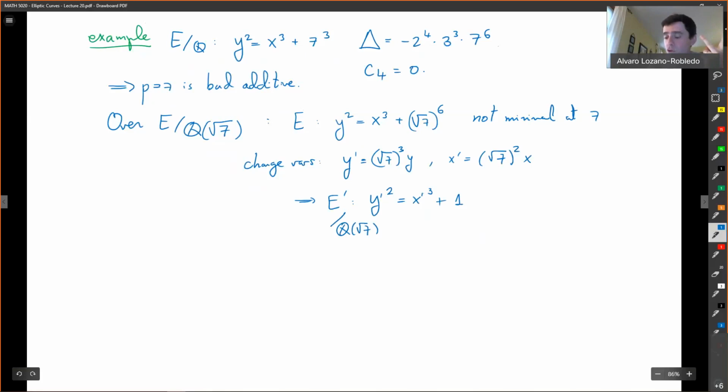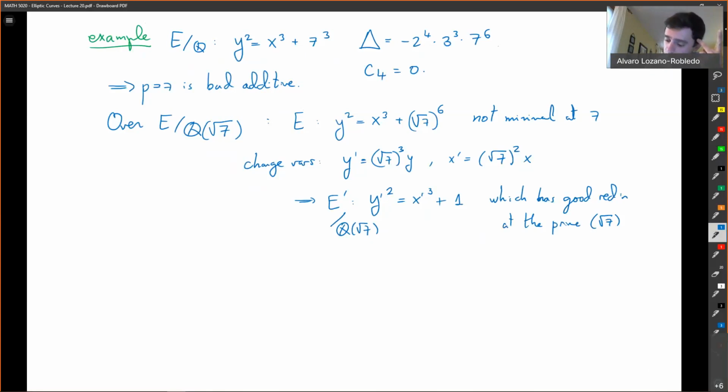And now this has good reduction at the prime ideal above 7 of Q adjoining the square root of 7.